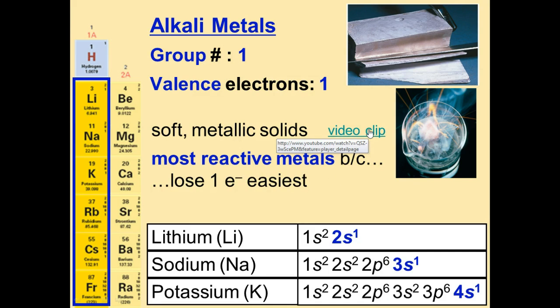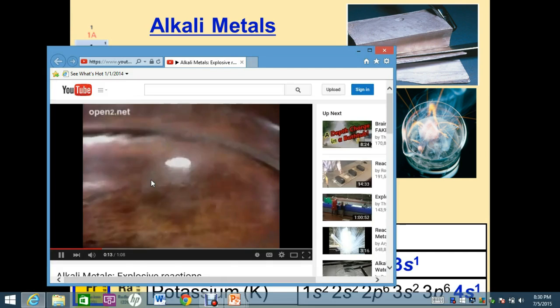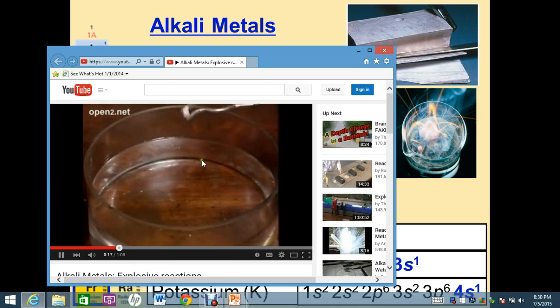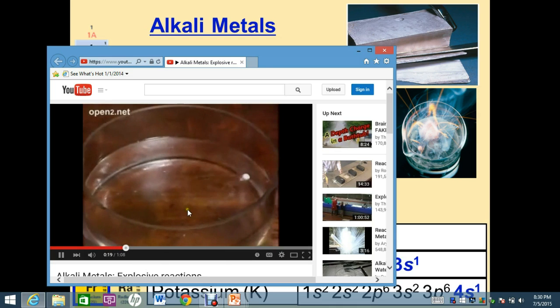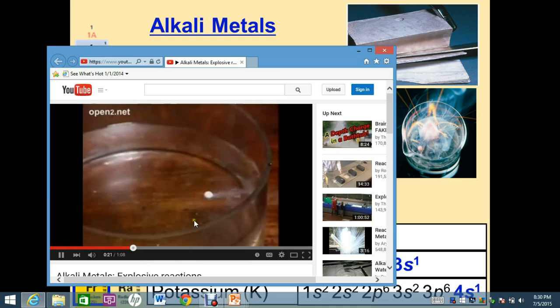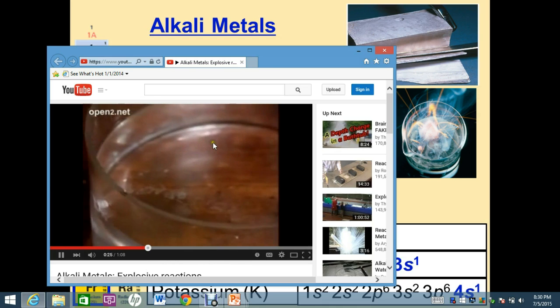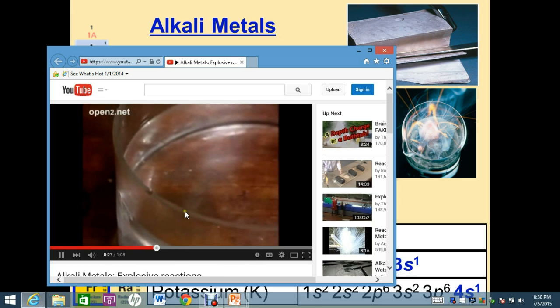And here's a video to see how reactive. Now let's see another reaction of the alkali metals, the reaction with water. We'll start with lithium. The metal floats on the water and reacts with it, giving off hydrogen gas. And so this is Now for sodium. The same sort of thing happens, although the reaction is a bit more vigorous. All the alkali metals react with water in the same way.